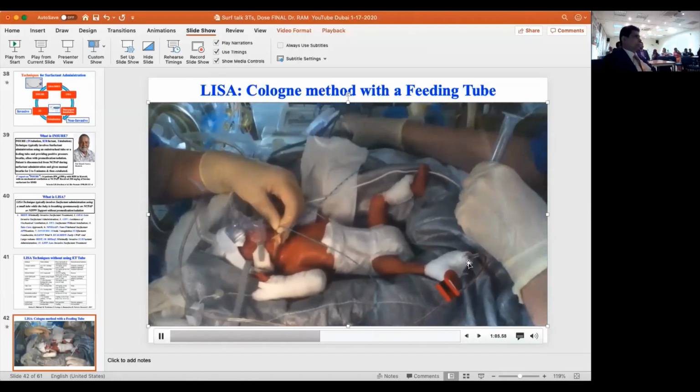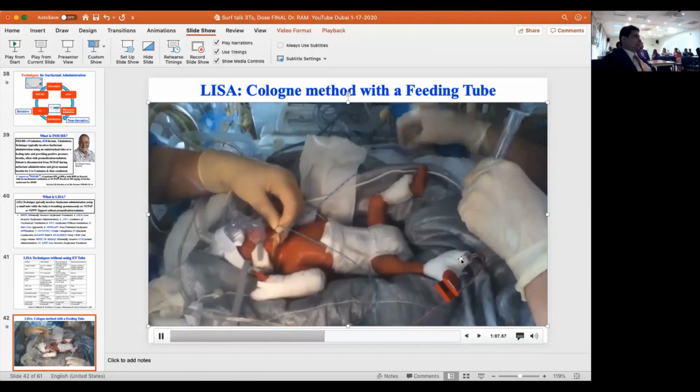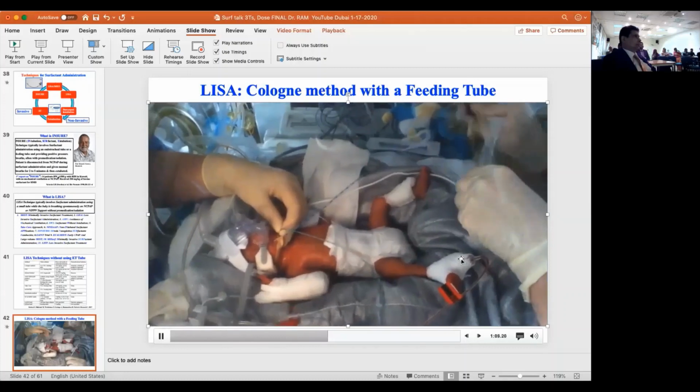They're one of the few groups where caffeine is given in the delivery room as part of the resuscitation.